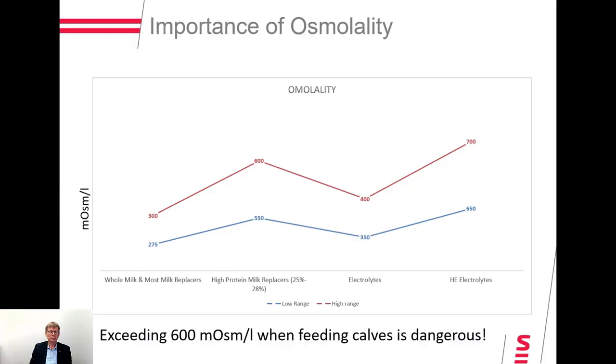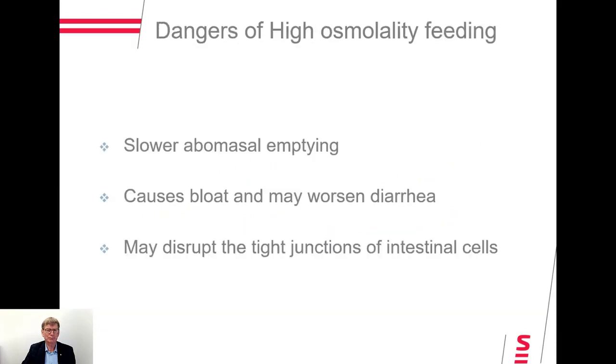You'll see that high energy electrolytes can be as low as 650 and as high as 700. The main difference between high energy electrolytes and regular electrolytes is dextrose, your sugar source.